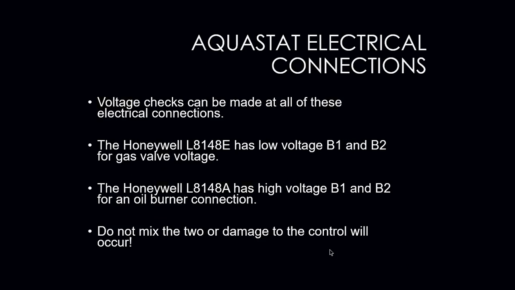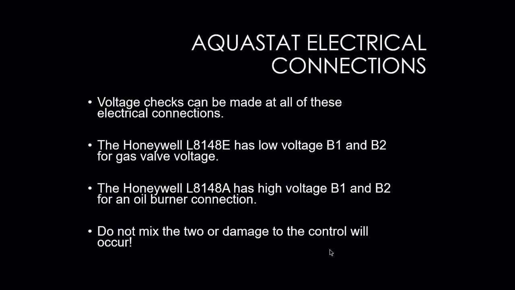Voltage checks can also be easily made on your aquastats, okay, with your Honeywell L8148Es. These guys are going to have your low voltage burner controls. These are going to be going to your 24-volt gas valves. Some of these may also have your millivolt gas valves as well.